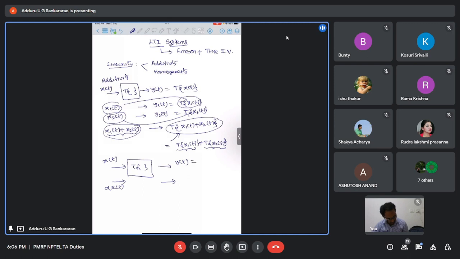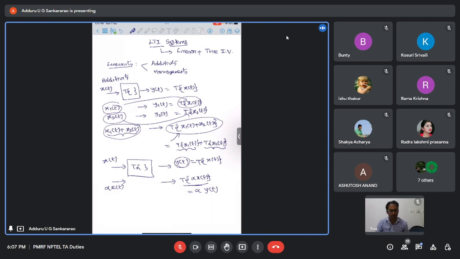In the first case the output is T of x of t. In the second case the output is T of alpha x of t. Now if I scale the input and the output is equal to the scaled version of the previous output, then that is called homogeneity. The system is following homogeneity.